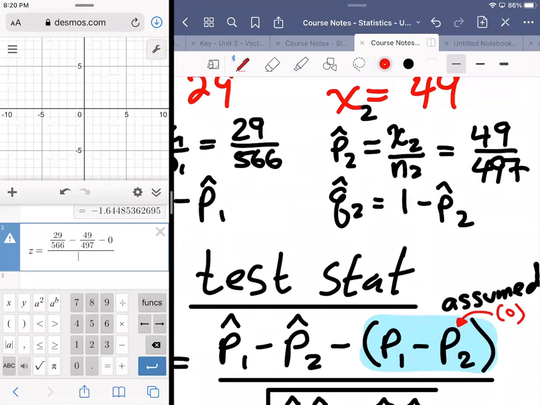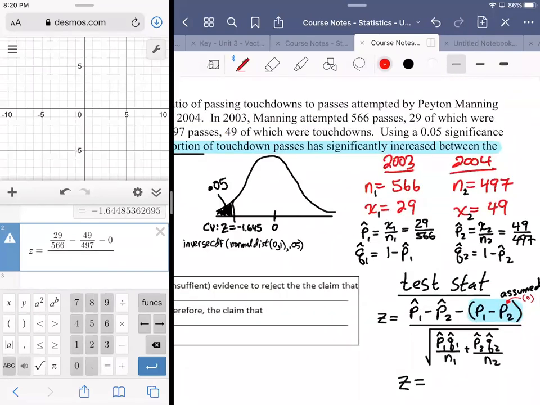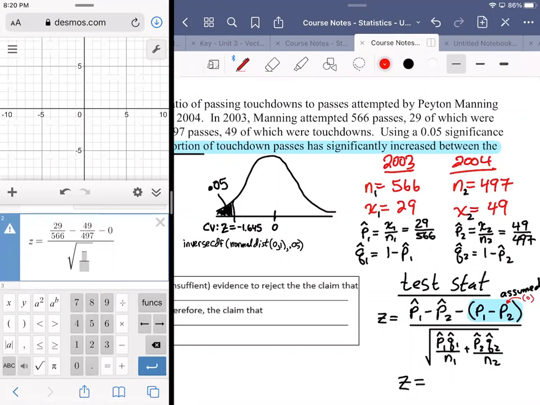So that's not much of a shortcut, but it's something, you know. So on the bottom, you have a radical, and you have a sum of 2 fractions. So P hat 1, again, is the fraction of 29 over 566. Now we have to multiply that by 1 minus, so the Q value, which is 1 minus the P hat value.